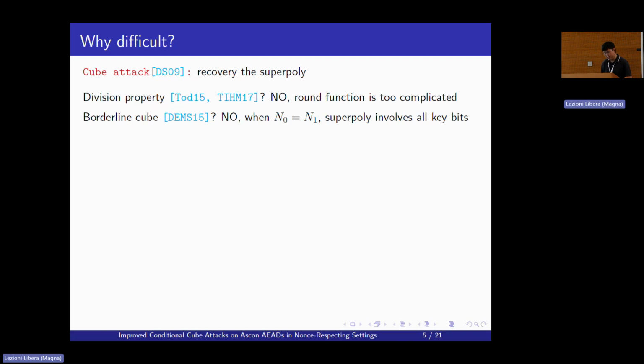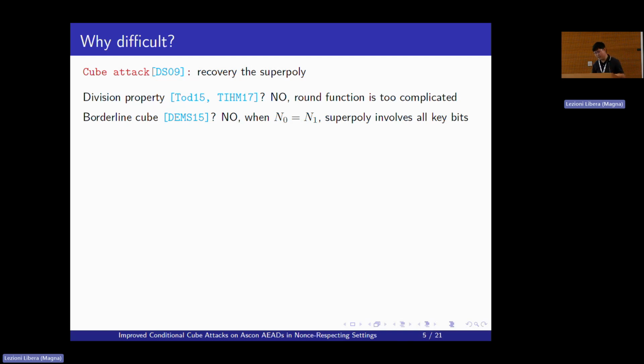The second method is the borderline cube, which was used by the designers to give cube attacks up to 6 rounds of ASCON initialization. However, in the borderline cube technique, the cube variables should be set in a specific set, and then the superpoly will only involve a part of the keys.